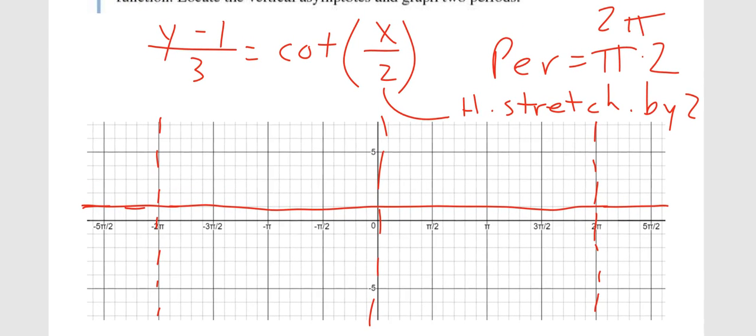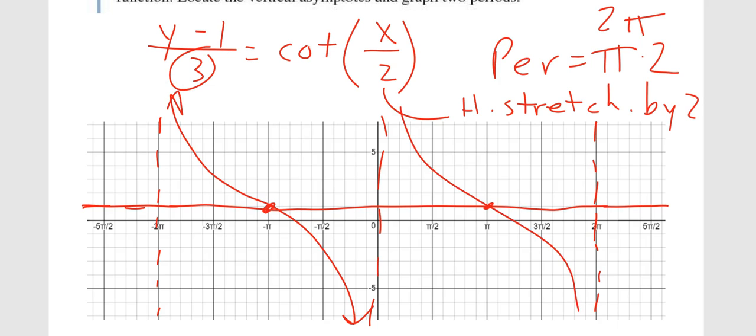Now, the whole idea of stretching it by 3 on the vertical is really hard to tell. I know it's going to go through that point right there, and it's going to go through that point right there. And nothing's been reflected, so it's going to do that and that kind of thing.